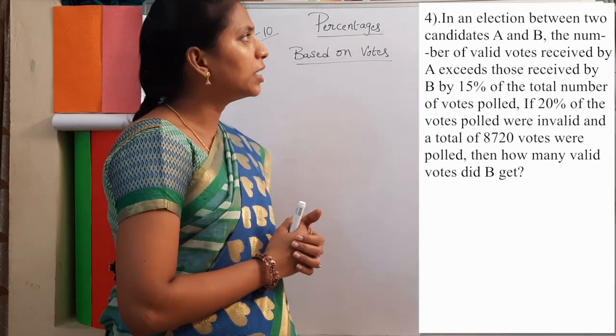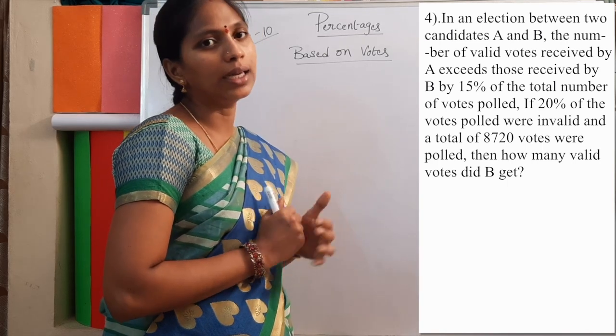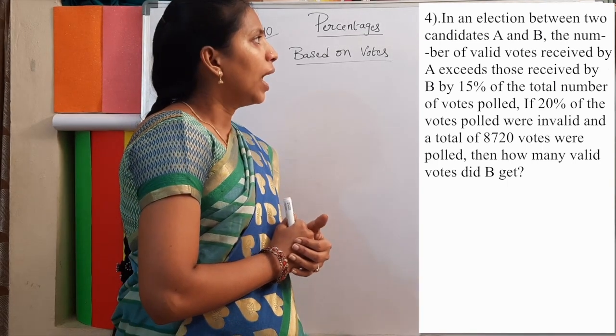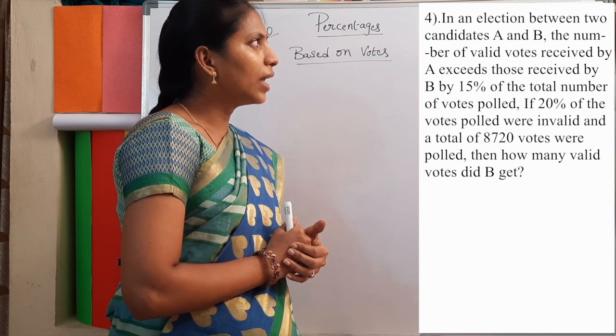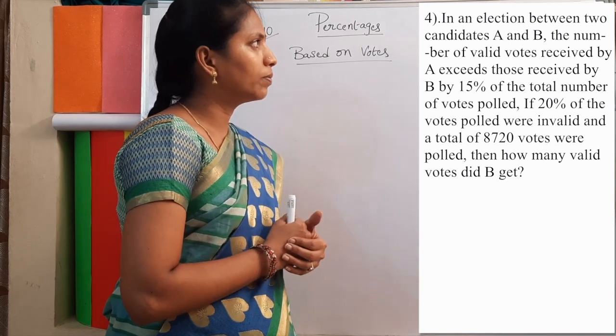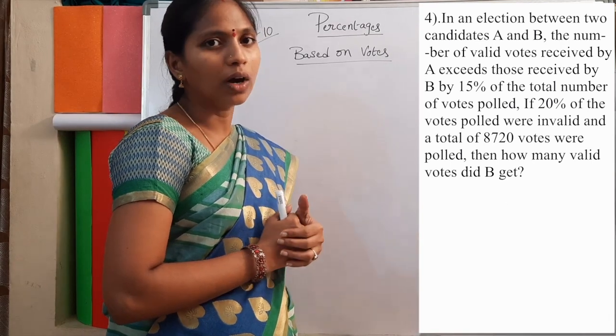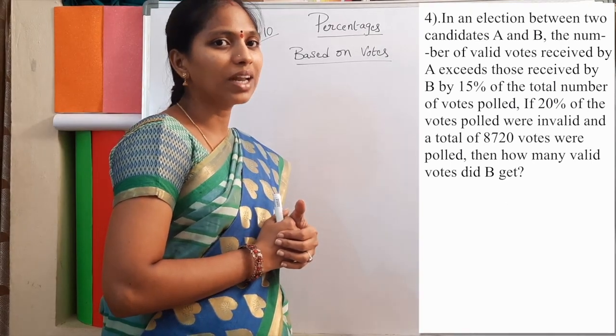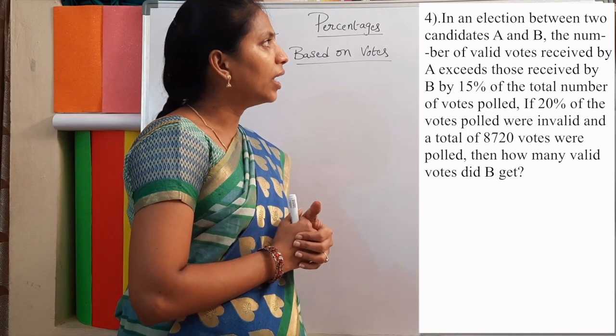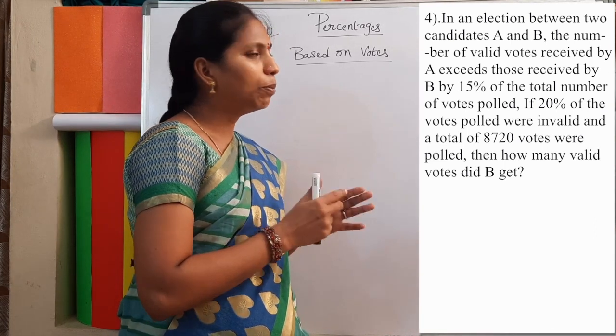If 20% of the votes polled were invalid and a total of 8720 votes were polled, in the question they have given the total number of votes, those are 8720. Then how many valid votes did B get?